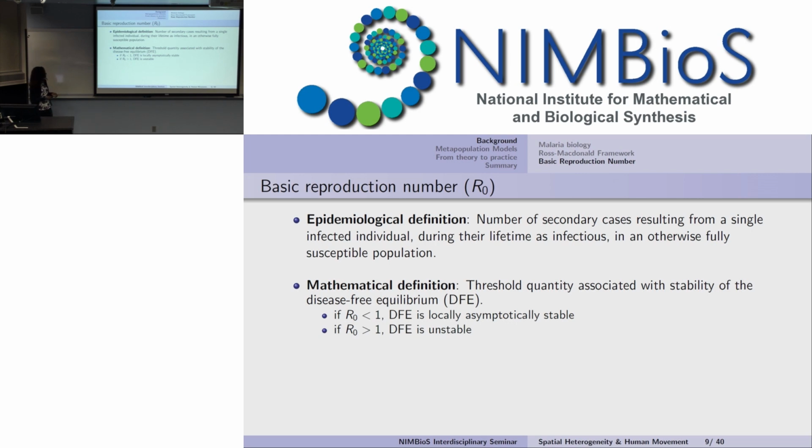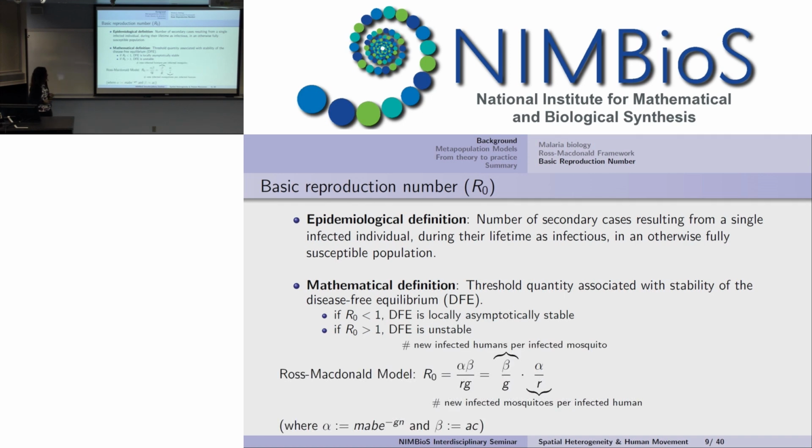Mathematically, it's a threshold quantity associated with the stability of the disease-free equilibrium. If it's less than 1, the disease-free equilibrium is locally asymptotically stable. In most simple models, this will mean that the disease will die out. And if R naught is bigger than 1, the disease-free equilibrium is unstable, and the disease can spread in the population.